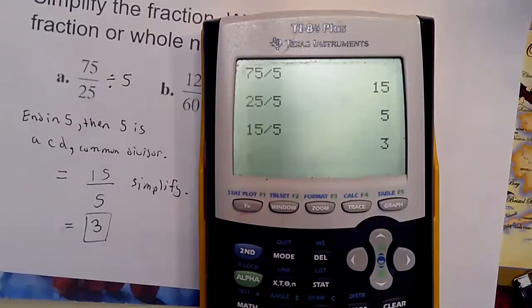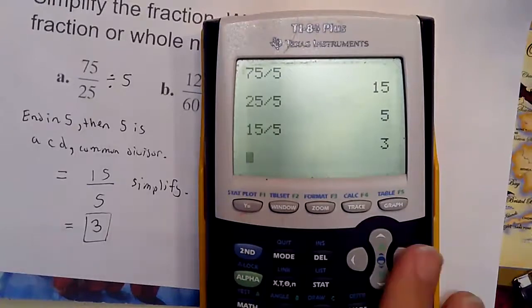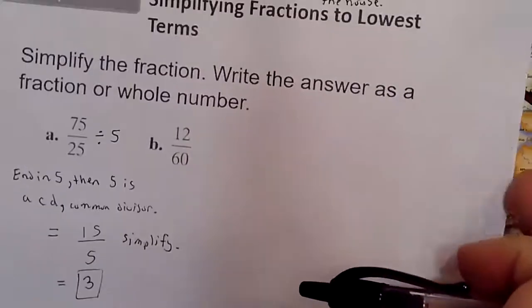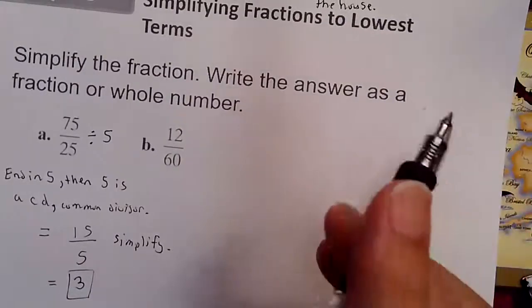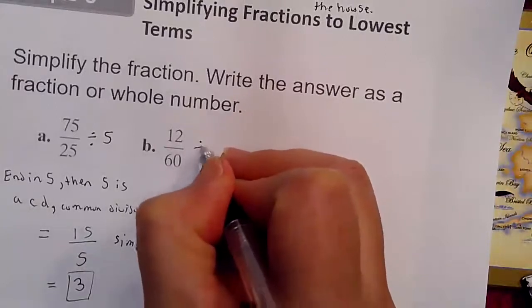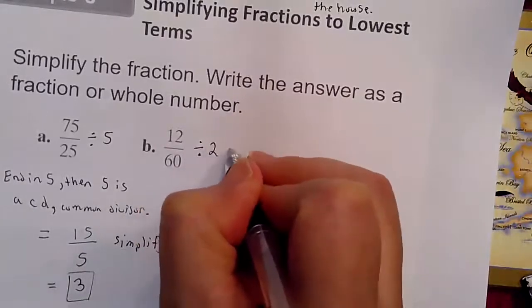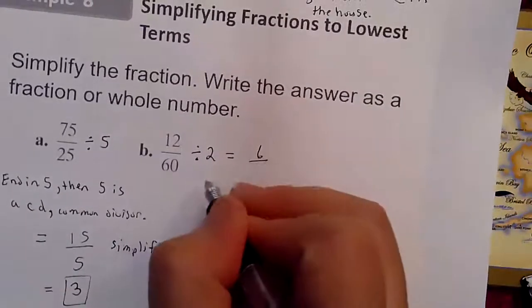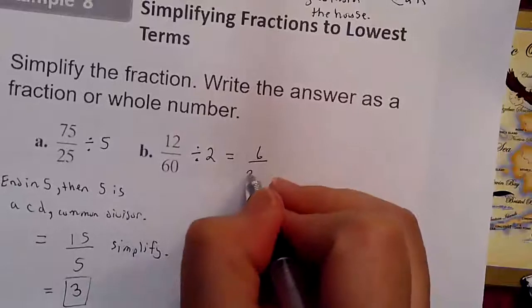So when you're simplifying, you just write it as 3. And then for this one, I divide by 2. What's half of 12? 6. What's half of 60? 30.